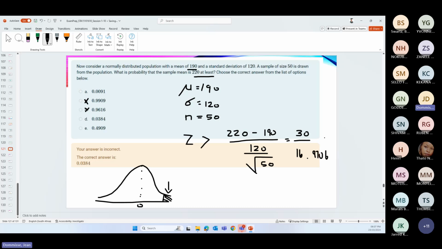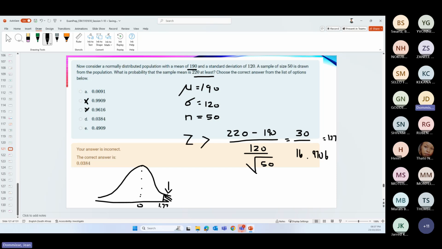I just round it off to 4 decimals, but now my answer I will round it off to 2. So I get 1.77. Okay, so 1.77, and I want that piece.